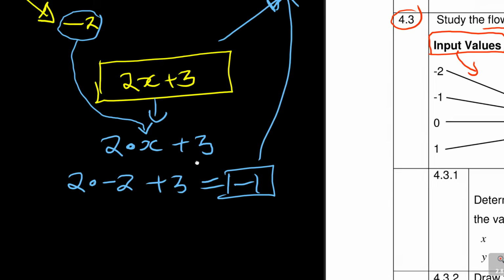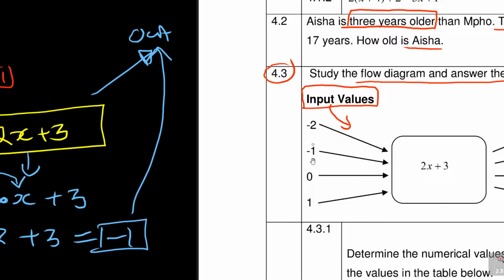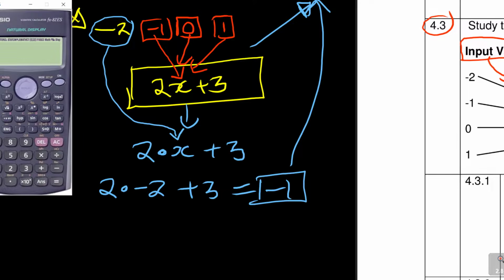You change now to say, okay, it was -2. So what is it now? It has changed to become -1. You see, it's -1 now, 0 and 1. So that's all that you're doing. You put it in here now, and then it becomes 0. You put it in here now, and then it becomes 1. I'm going to use the calculator once to get all the answers.